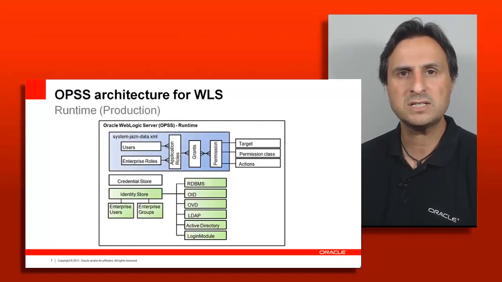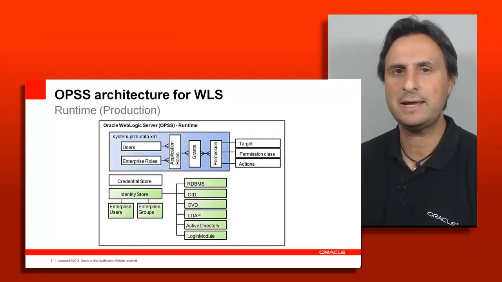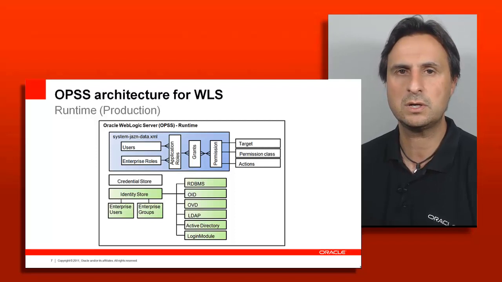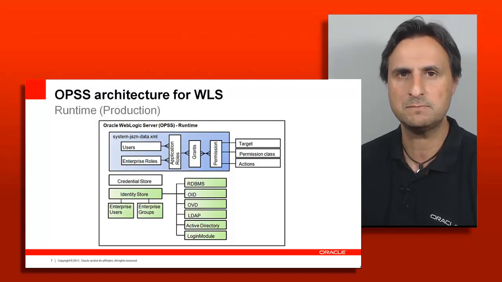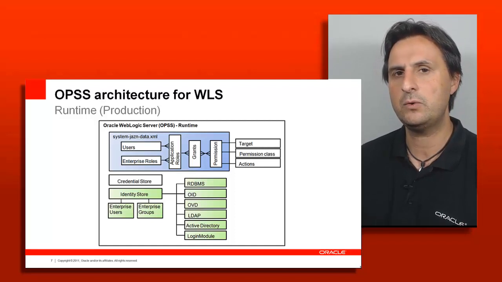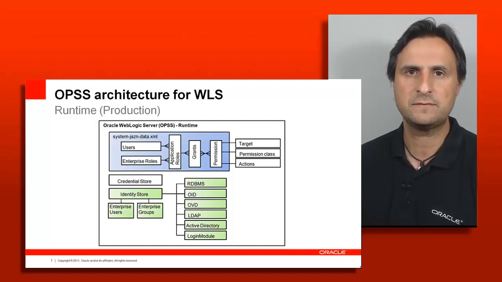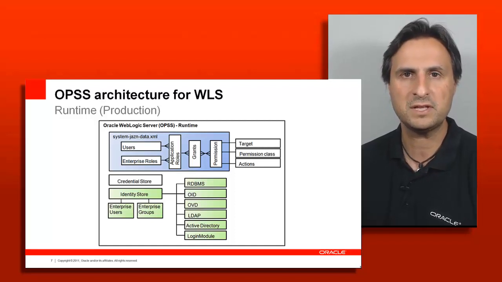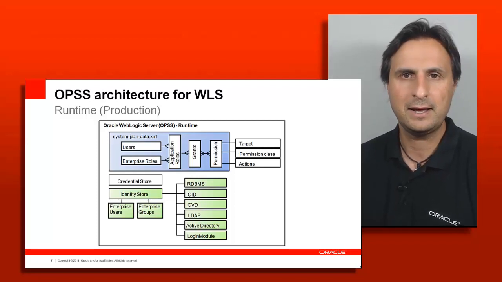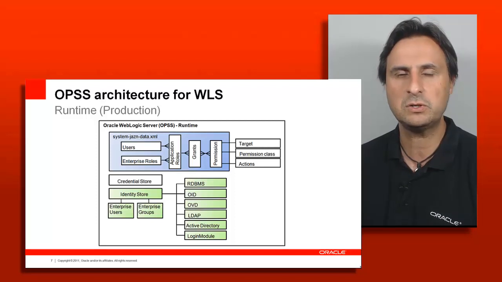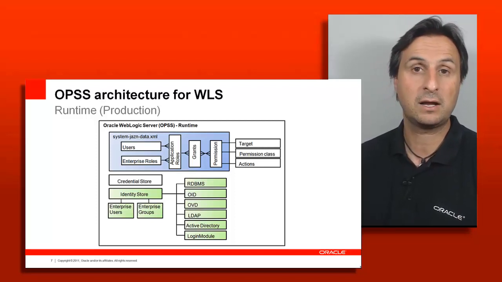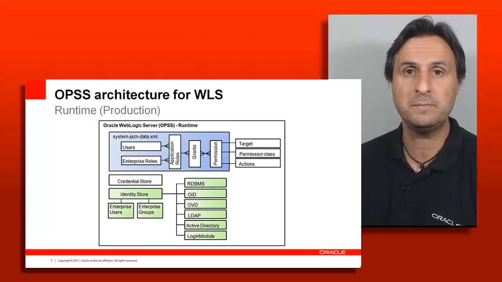Now, when we look at the production system, it's looking similar, except for that now the users and the enterprise roles are coming from an identity management system. And I mentioned one of the benefits that we get out of OPSS is that now we can authenticate against different systems and different methods. For instance, we can authenticate against OID, we can authenticate against Active Directory, we can authenticate against custom login modules or RDBMS.